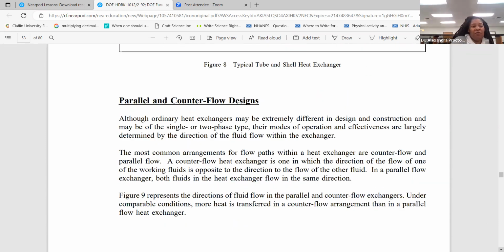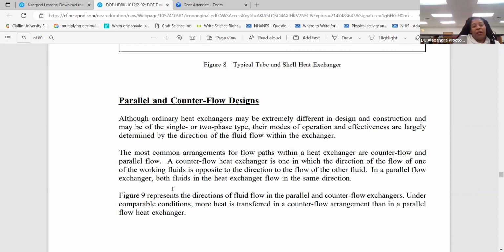Parallel and counterflow designs. Although ordinary heat exchangers may be extremely different in design and construction, and they may be single or two-phase type, their modes of operation and their effectiveness are determined by the direction of fluid flow within the exchanger. The most common arrangements of fluid flow paths within a heat exchanger are counterflow and parallel flow.